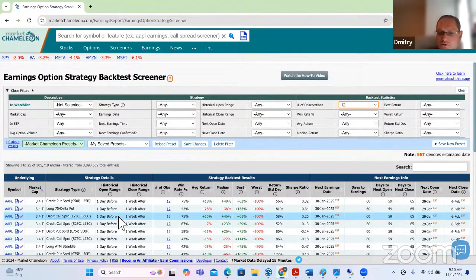One is short, one is long. L is long the 25 delta put. So what this will do is say historically this is the strategy. If you looked at a credit put spread that involved selling the at the money put and buying a 25 delta put, that was your credit put spread. So now we know the strategy.